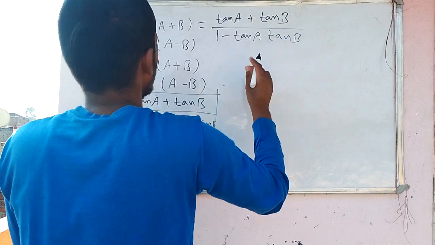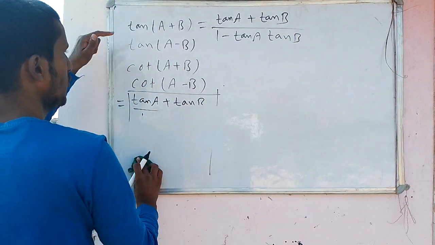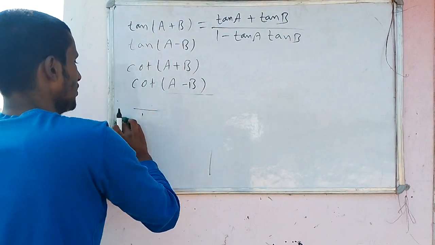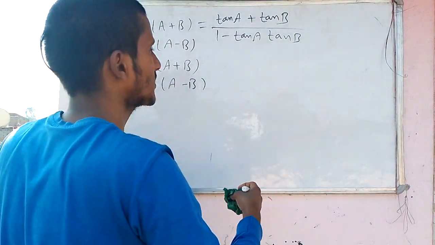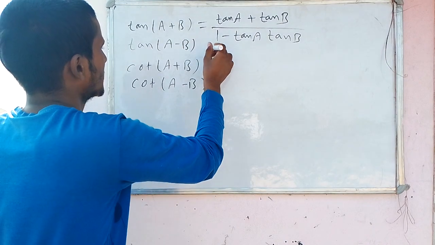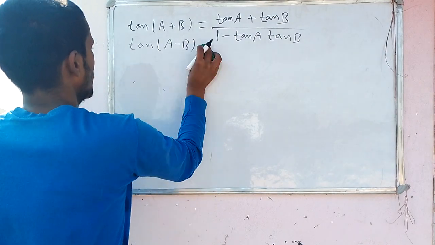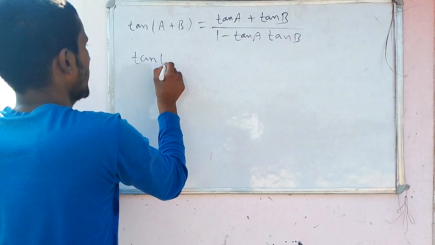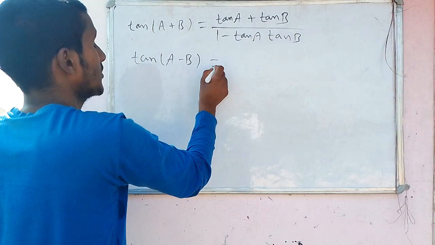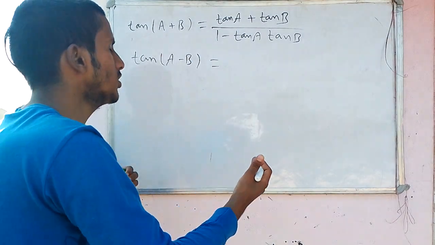Similarly, if we do the same procedure for tan of a minus b, you'll get the formula. The procedure is the same, so I'm just going to write the result now because I know you can do it on your own.